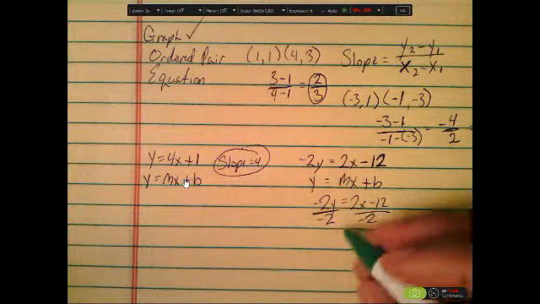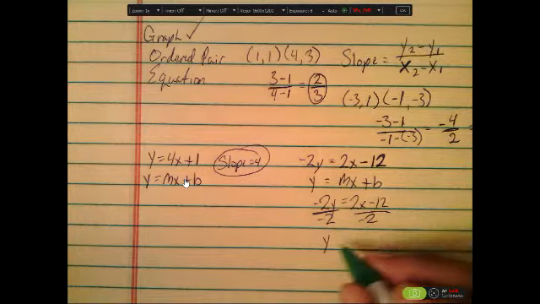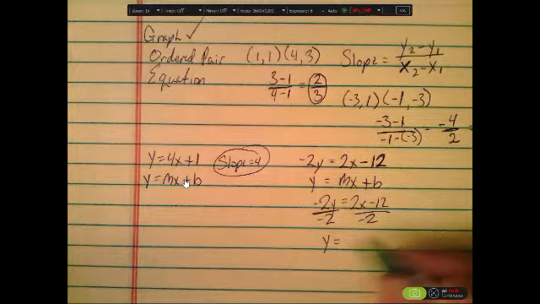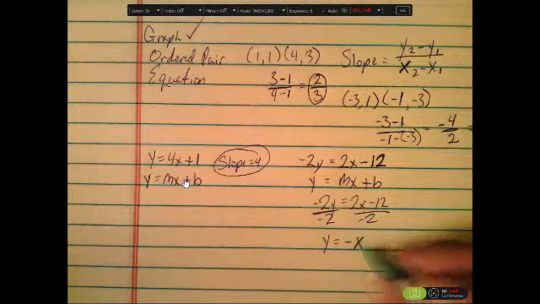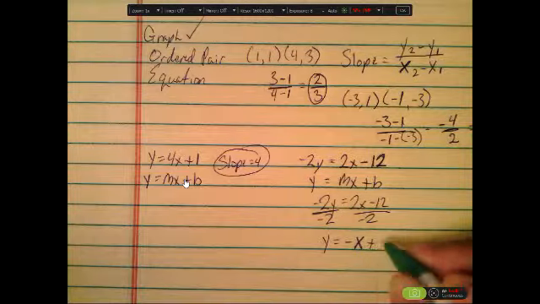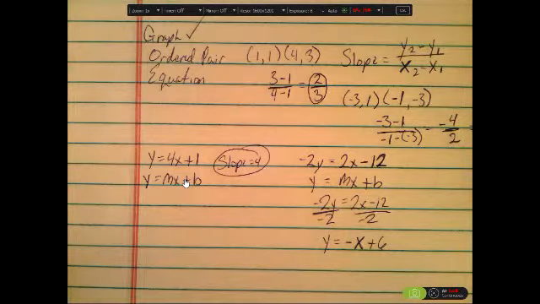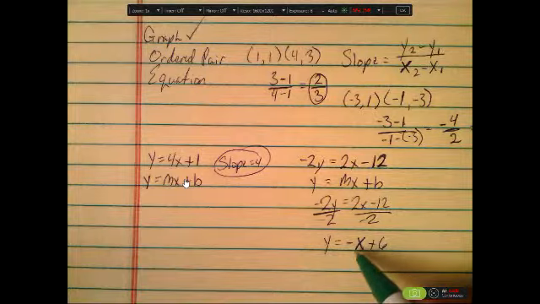Once we've done that, we're left with y equals -x plus 6, right? We know that whenever you see a variable by itself, that means that there should be a 1 in front of it, so that's 1x.